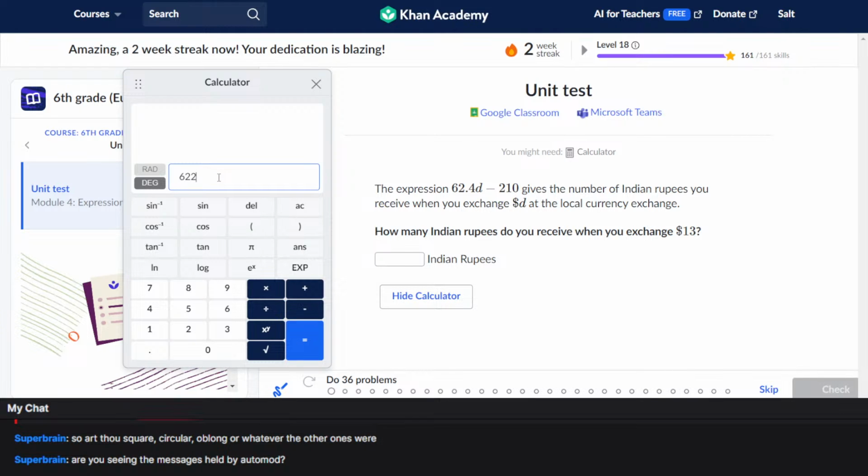Superbrain says, are you seeing the messages held by Automod? Yeah. Am I? I don't know. Because I keep allowing anything that shows up. And so if something you sent isn't there, then it never even showed up at all, even in Automod.